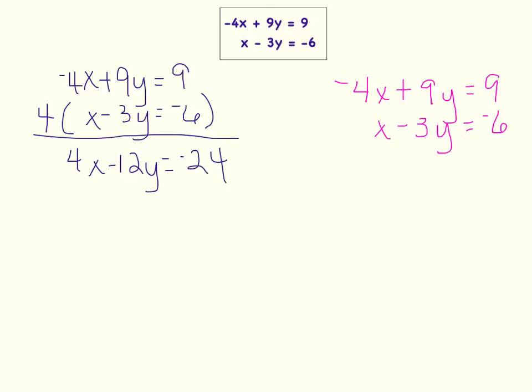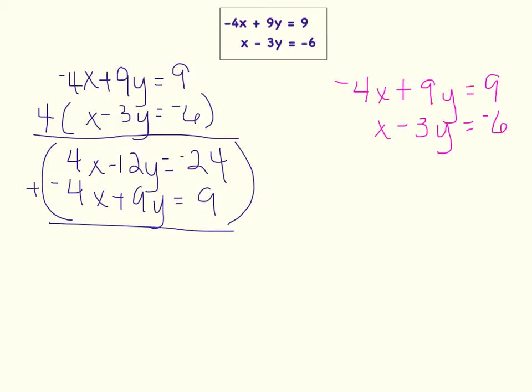Now that you've done that, you can bring down the original first equation, which is -4x plus 9y equals 9. Now that my coefficients of x are opposites, but they have the same number, the same coefficient, I can add these two together. And I have 4x plus -4x, which is 0, so I don't have to write anything down.